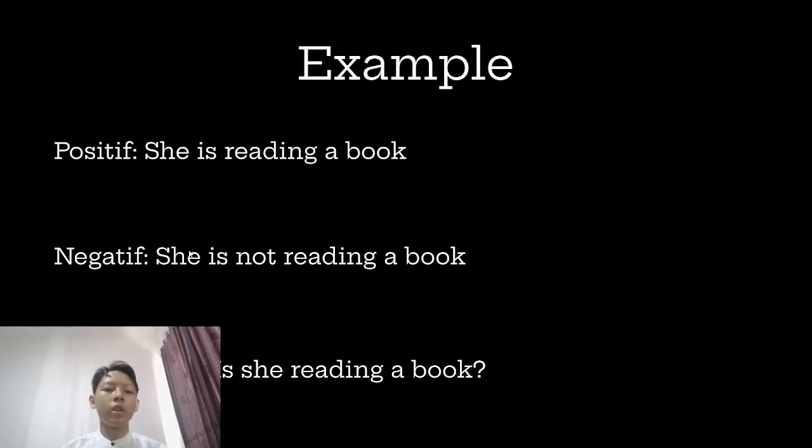The first is she for the subject, the to be word that is is, and there is not, and the last is verb ing, that is reading. So the sentence will be she is not reading a book.